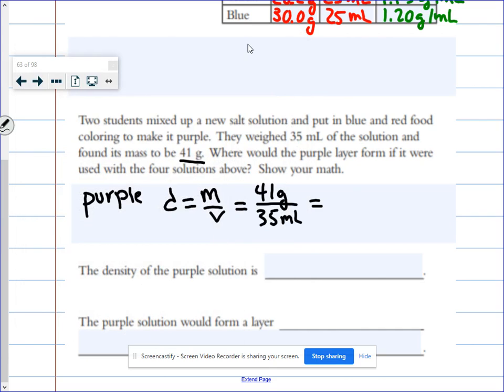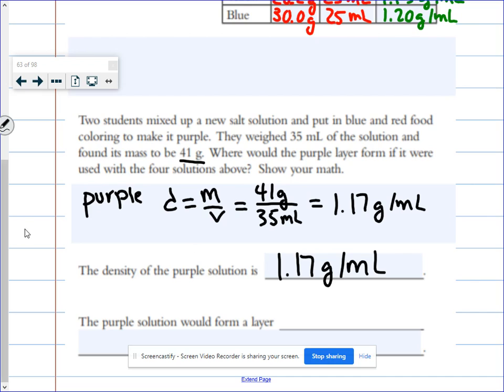And my units are the same: 1.17 grams per milliliter. Okay. Now, down here, it's asking me what the density of my purple solution is. I'm just going to write that number down here again. I showed it up there, but I'm just rewriting it.